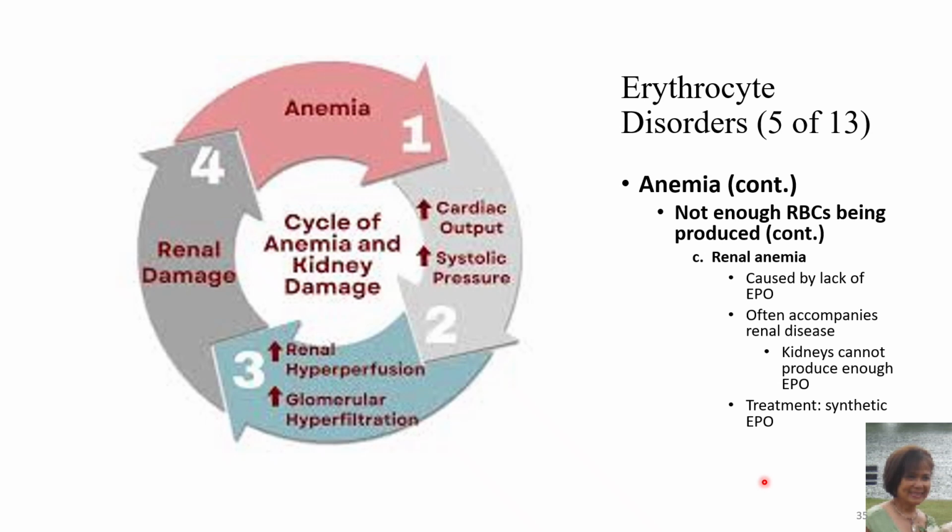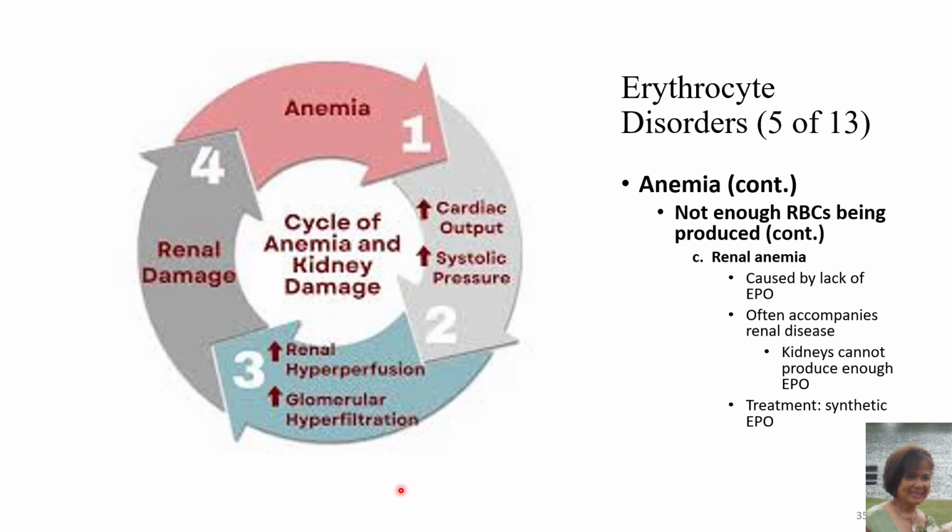You need enough erythropoietin in order to produce enough red blood cells. So in the previous slide, we are saying that there's not enough erythropoietin being produced because it is an autoimmune response. So you are really sick, your erythropoietin is not really being released.